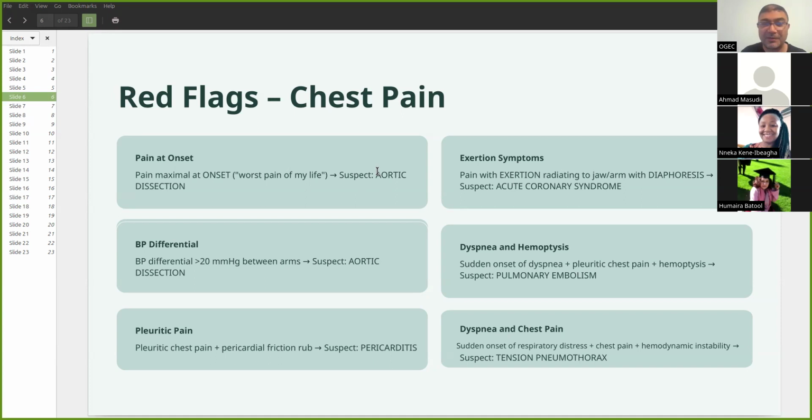Then we can think about aortic dissection, which is a life-threatening condition. BP differentials: if there is a difference in blood pressure in both arms that is more than 20 millimeters of mercury, we suspect aortic dissection.